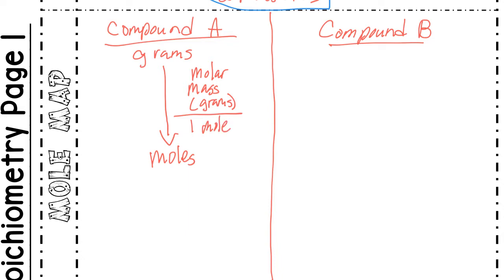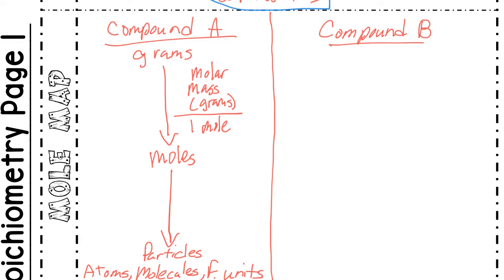And then we could also use a different conversion factor to go from moles to particles, the number of particles in a mole. And we said that the particles could be atoms, molecules, or something we called formula units.